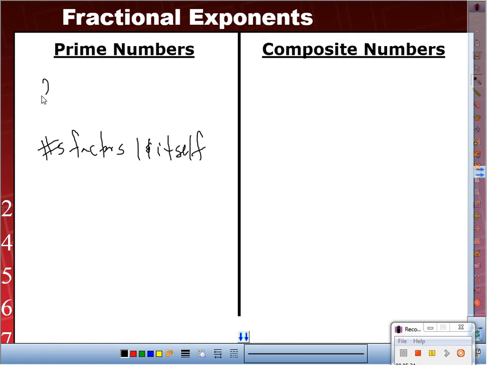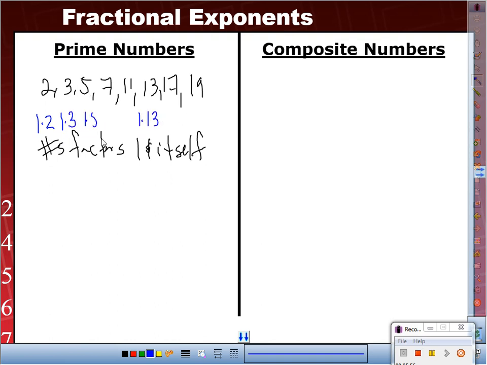So my prime numbers are 2, 3, 5, 7, 11, 13, 17, 19. What factors, if I multiply them, give me 2? 1 times 2. How about 3? 1 times 3. 5, 1 times 5. 13, 1 times 13, and so on. So notice that we only have 2 numbers, 1 and itself, yes?